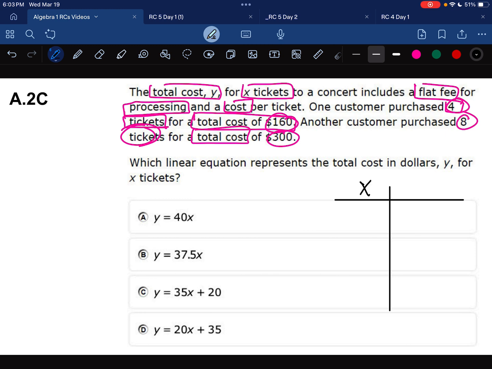We have an X value and a Y value. What is our X value going to represent? Look at the word problem. Right, it's representing our tickets. And our Y value is representing the cost, how much money we're spending.